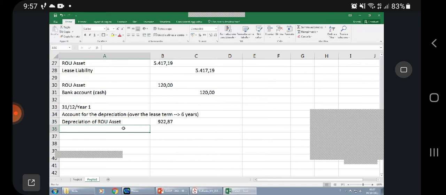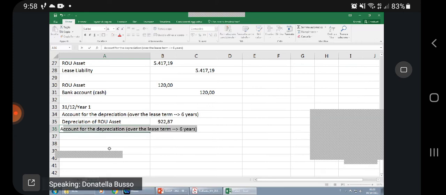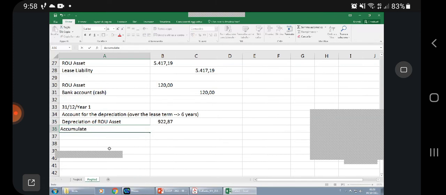What about the T account to be used in the credit side? What's the name of the T account in your opinion? If this is the depreciation, we have the accumulated depreciation of right of use asset. Okay?